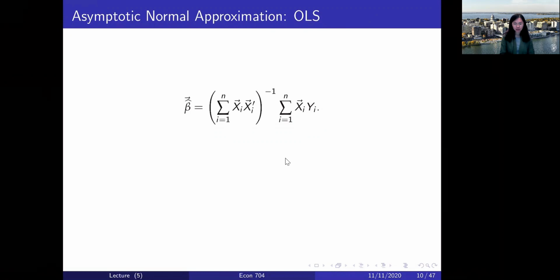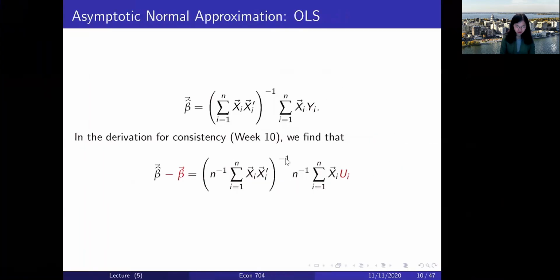The first thing we're going to do is transform this into something that we can apply some version of the central limit theorem on. So what we will do is subtract its population limit, the true value or the probability limit of the estimator, from the estimator.